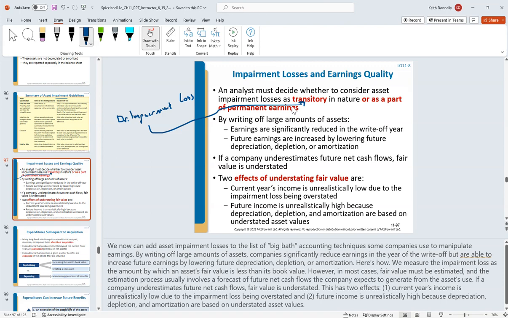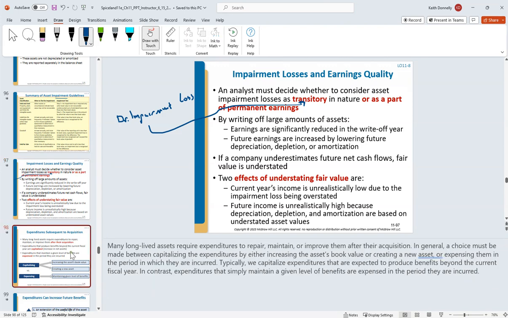So it's going to be transitory. Yeah, it could happen in year 1. It could happen in year 2. But if that is the case, then we probably screwed up the accounting somewhere up front in our estimates. So just be aware when you're looking at financial statements and you see the effects on the earnings. If you saw something like an impairment loss, okay, this is probably like a 1-year thing. We're not going to see it year over year.